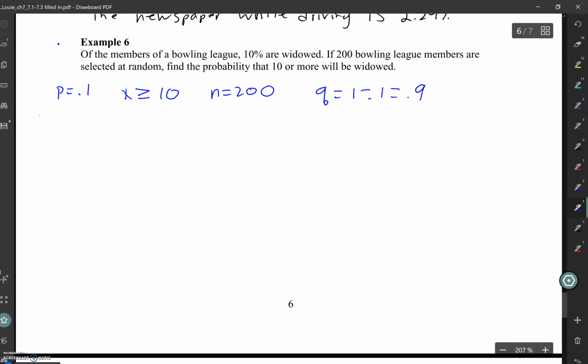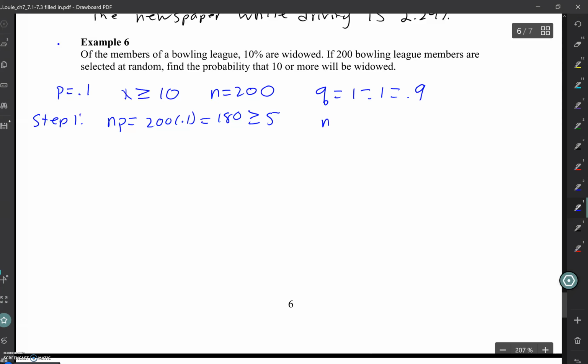So we want to check to make sure we can take this into the normal. My check is n times p. So I've got 200 times 0.1, which gives me 20, that's definitely greater than or equal to 5.